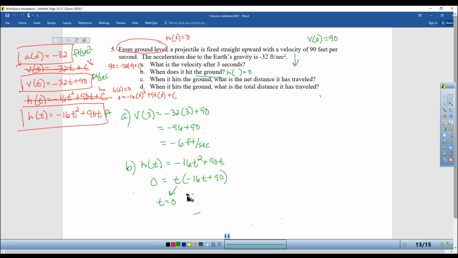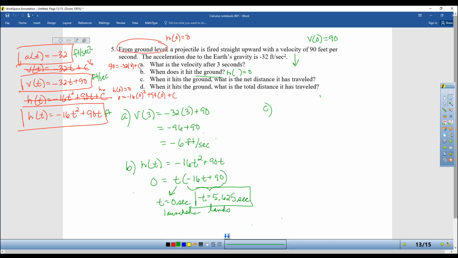Either t is equal to 0, or t is equal to, and I'll do that for you, 5.625. And of course, we already knew this one. We knew that it was launched from the ground. So this is when it's launched, and then this is when it lands. And it follows a parabolic path. So when does it hit the ground? At 5.625 seconds.